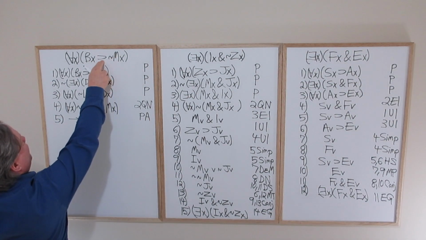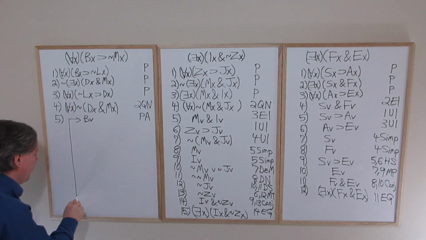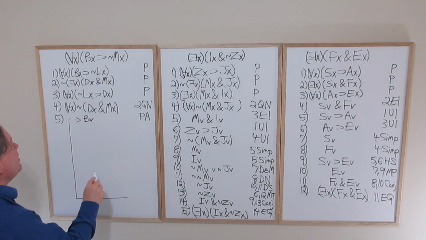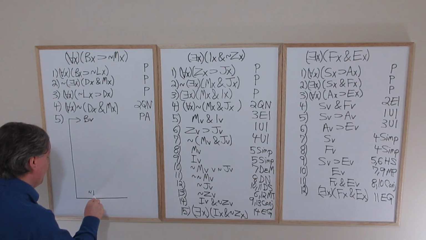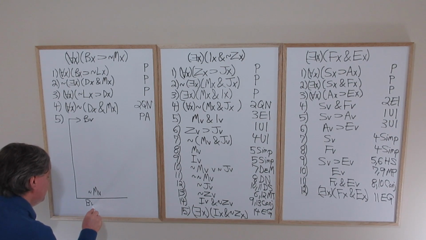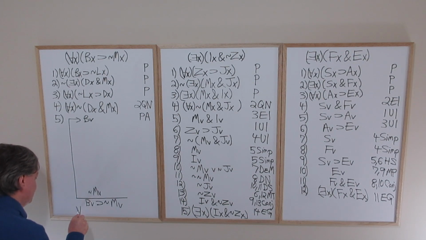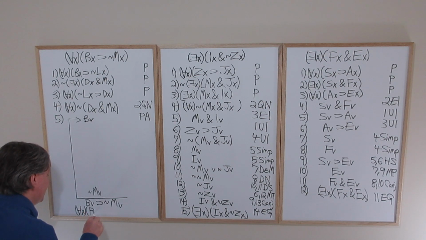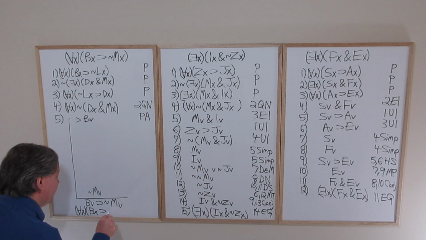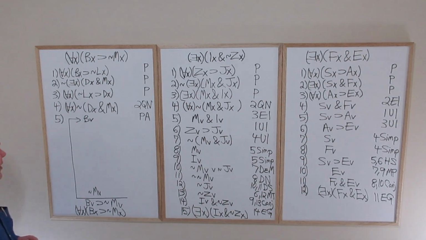So the idea is we're going to want to end up with this conditional via CP, and once we have that conditional via CP, the last step of the proof is going to be the UG.